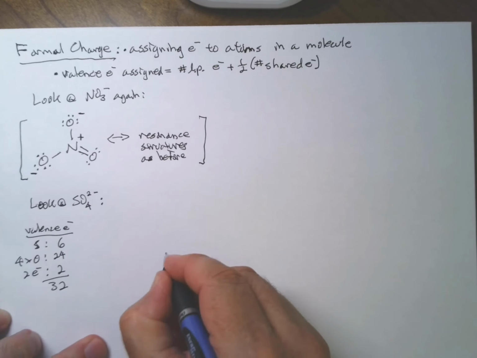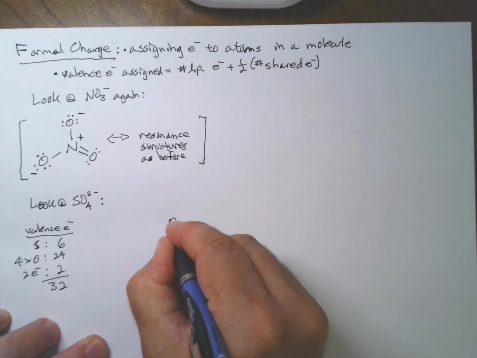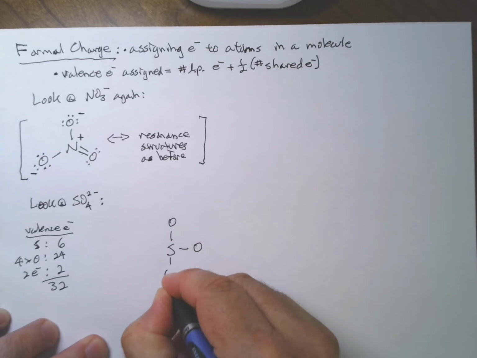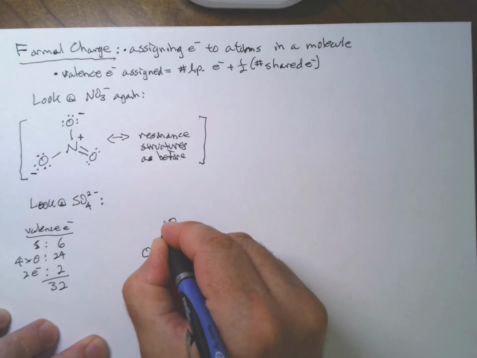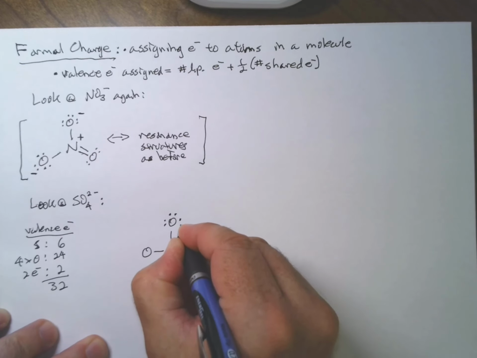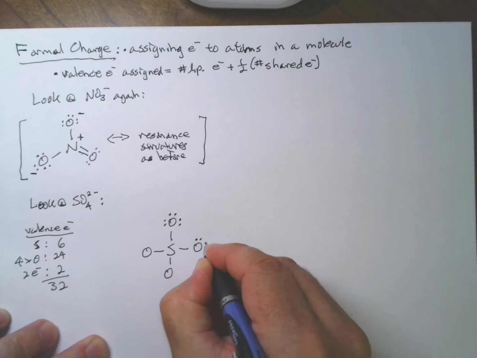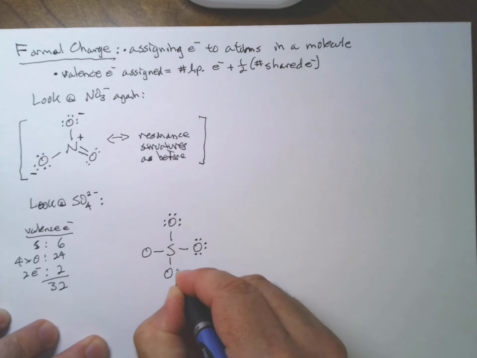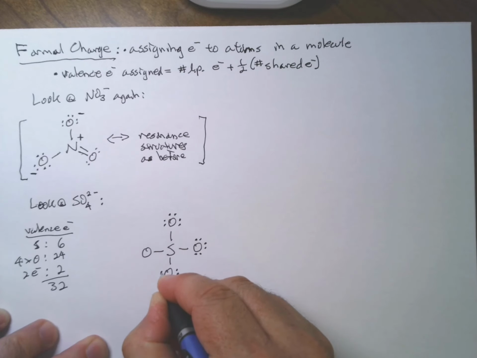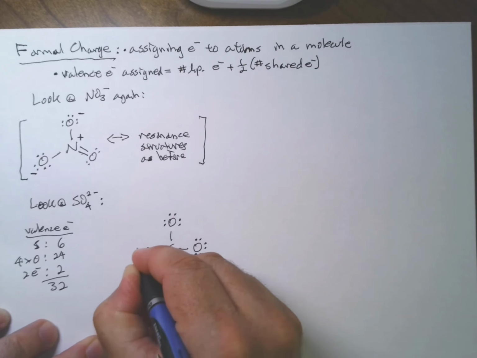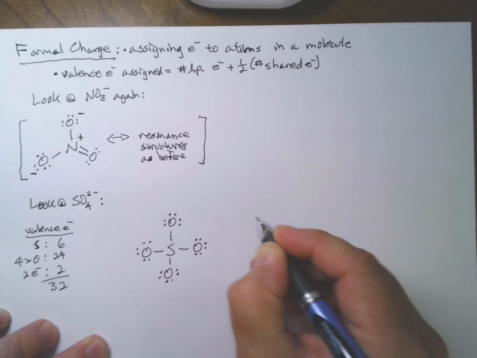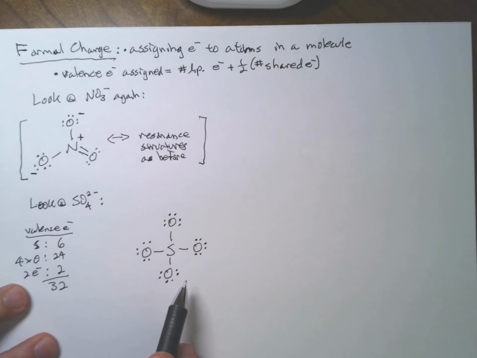So one thing I could do is do this, and put my electrons around here. So now in this case, each oxygen has 1, 2, 3, 4, 5, 6, 7 electrons assigned to it.